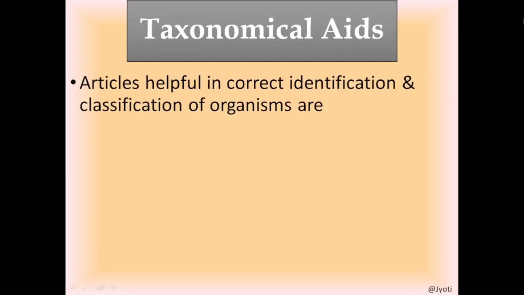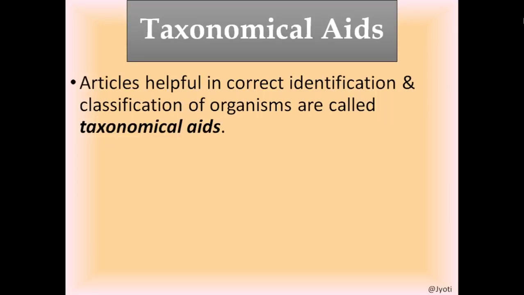But suppose you want to study the habitat, feeding habit of a particular organism, then how can you study that? So, there are several types of taxonomical aids which help us to gather the data about the particular species.